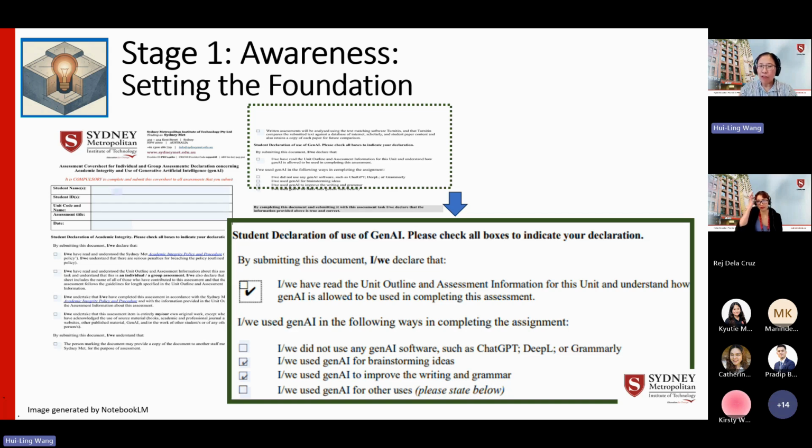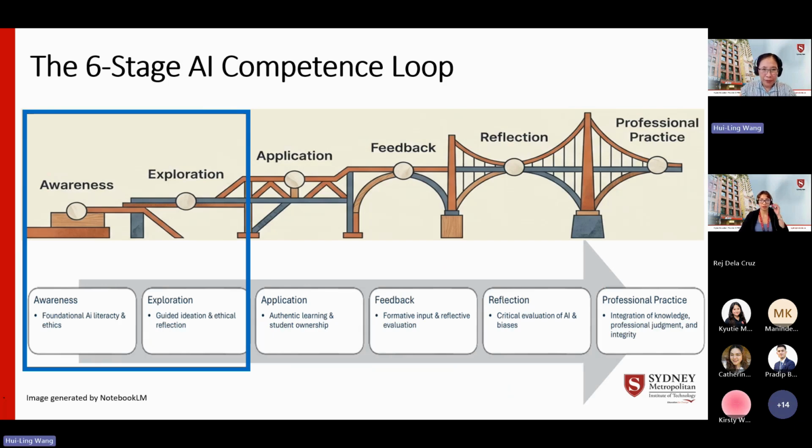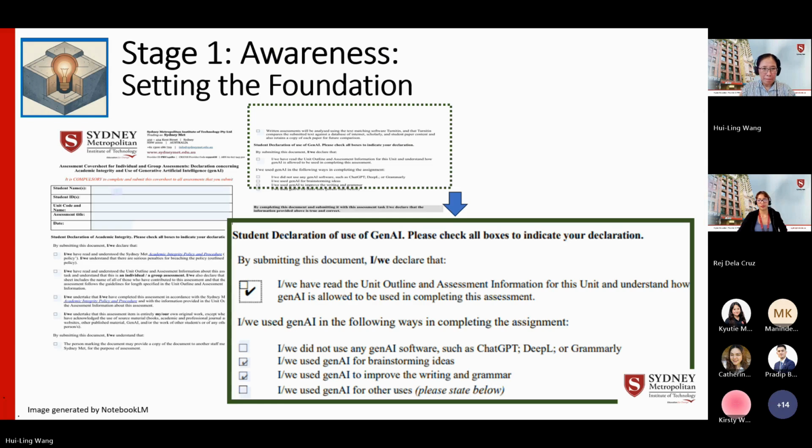For me, if you use Gen AI, it means you are using the tools, but you need to use them accurately and with ethical consideration. First, make sure you understand the policy, what kind of requirements your lecturer allows and which ones not.